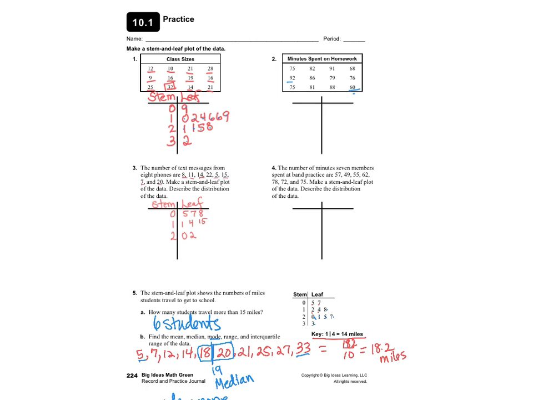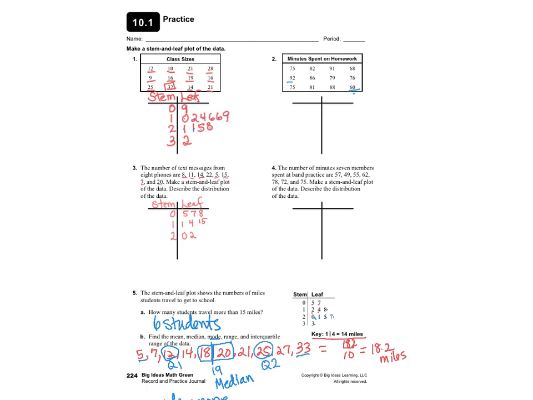And finally, we're going to take a look at the interquartile range. Now, for the interquartile range, we need to find that median, and then we're going to find the median of the lower half and the median of the upper half. When I find the median of the lower half, it happens to be 12, and this we called our Q1. And the median of the upper half is 25, and we call that Q3.